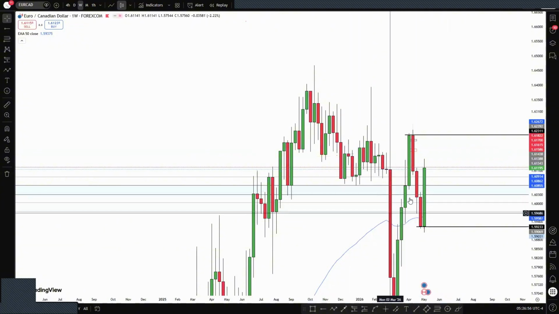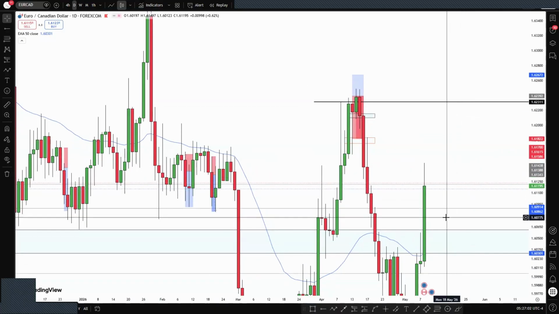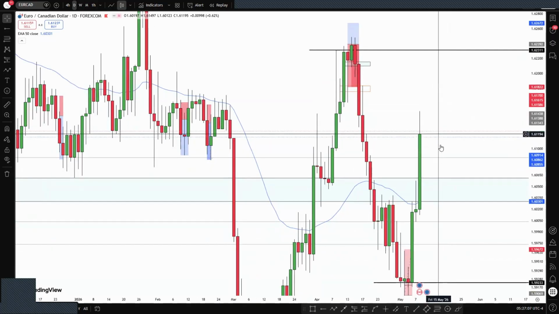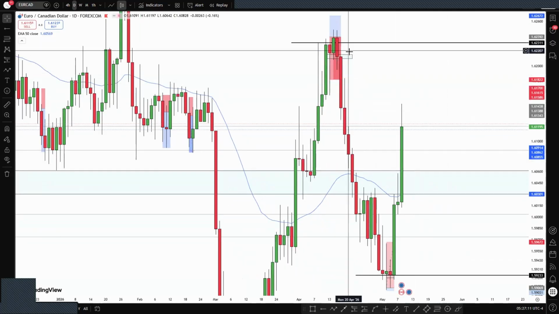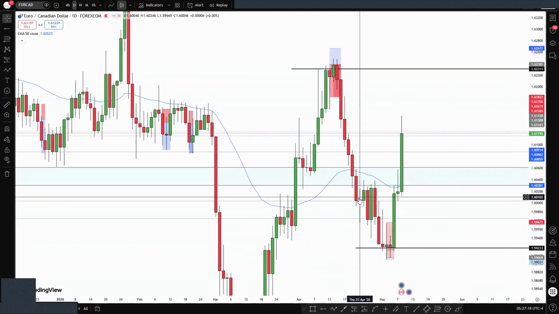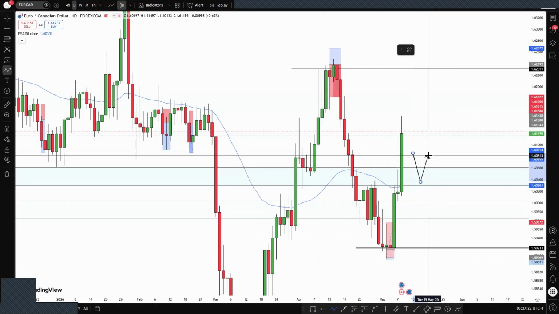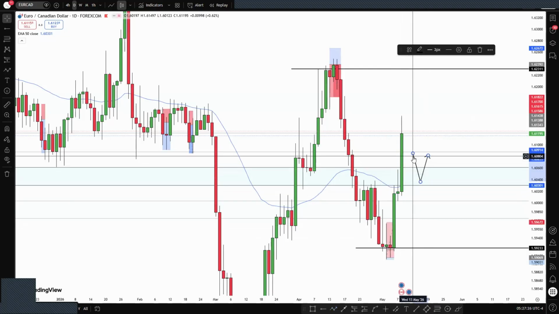We are looking for buys at one level. In this case, since price is already at this level, I can't look for buys there, but I can look for buys when price comes back at this point here, and then I can buy.